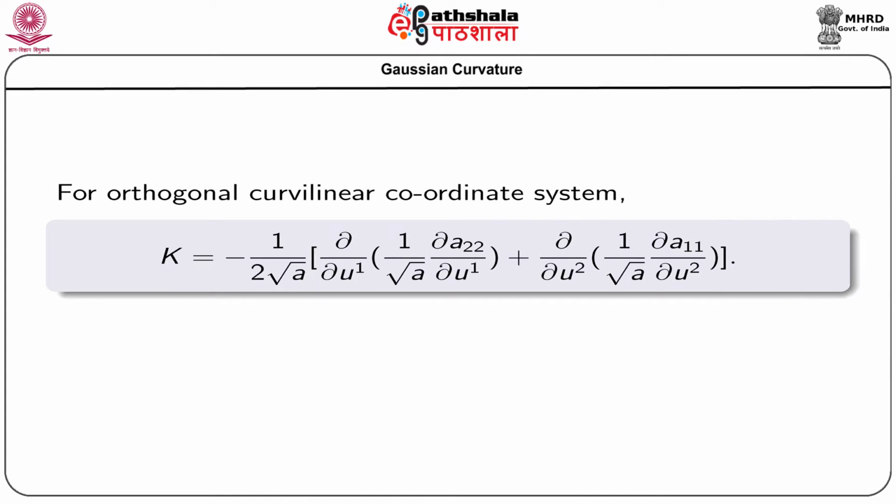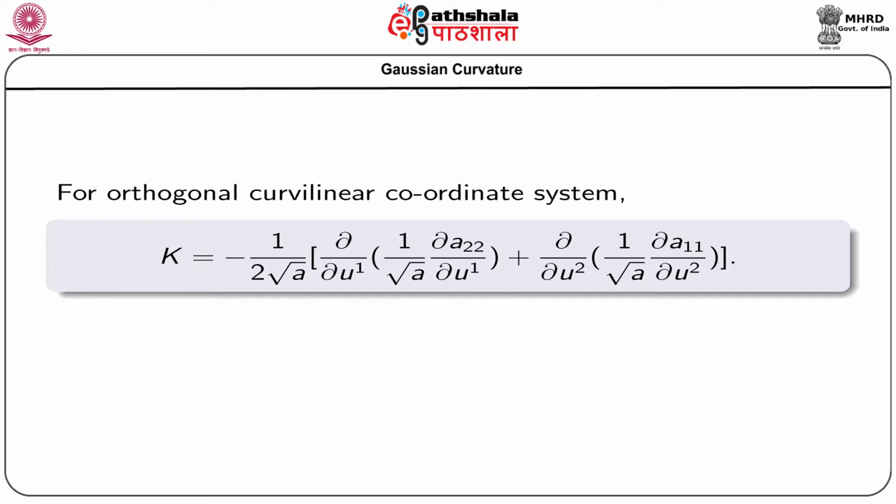And for orthogonal curvilinear coordinate system, the Gaussian curvature is coming to this form, minus 1 by 2 root a, del del u1 of 1 by root a del a22 by del u1, plus del del u2 of 1 by root a del a11 del u2.